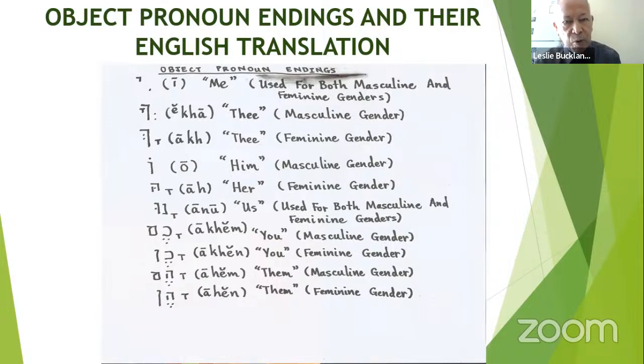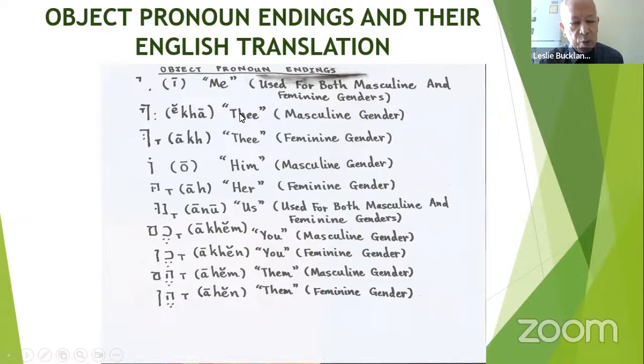That is the object pronoun, and it is used for both masculine and feminine genders. Eka looks just the same as the possessive pronoun ending, but is translated differently. Eka means thee instead of thy. In the possessive pronoun translation, it was translated as thy, but in the object pronoun, it is thee.